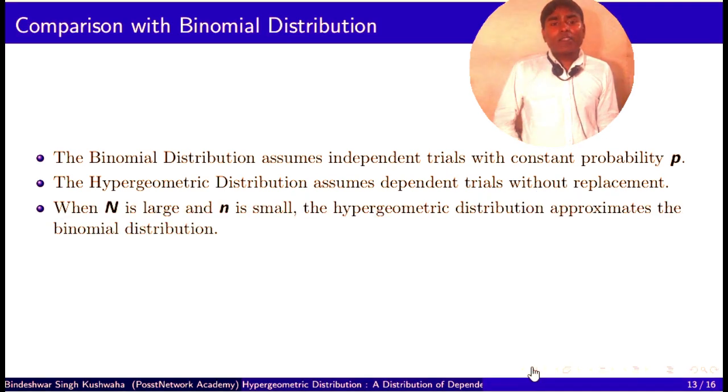When N is large and n is small, the hypergeometric distribution can be approximated by the binomial distribution, when the population size is very large and the sample size is very small.